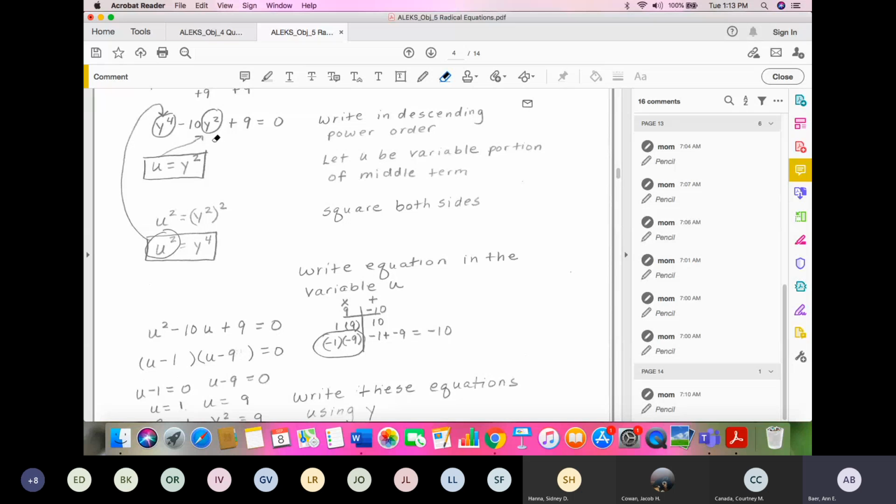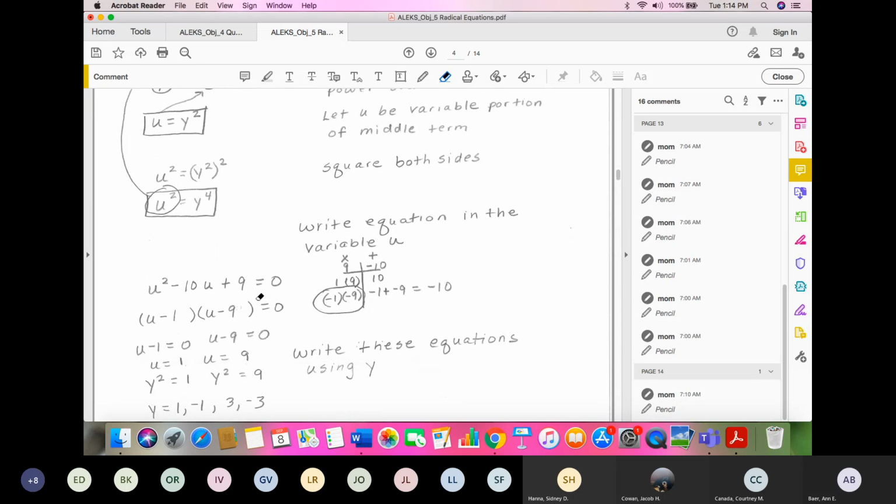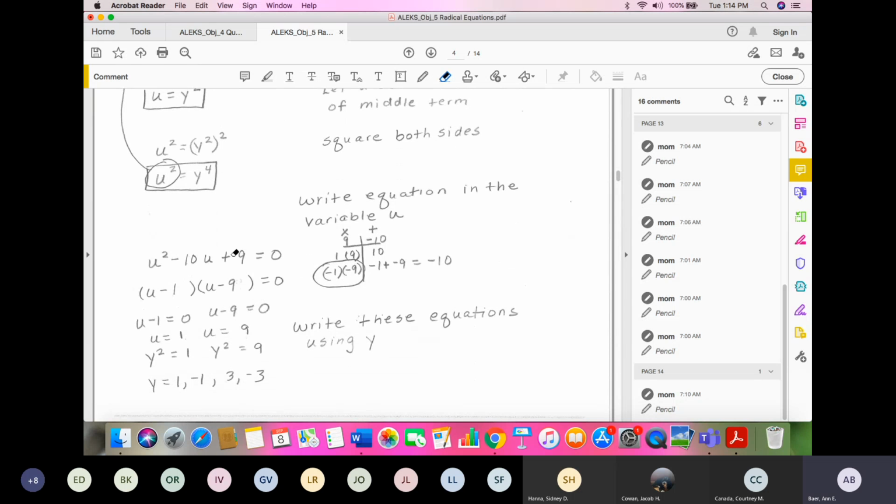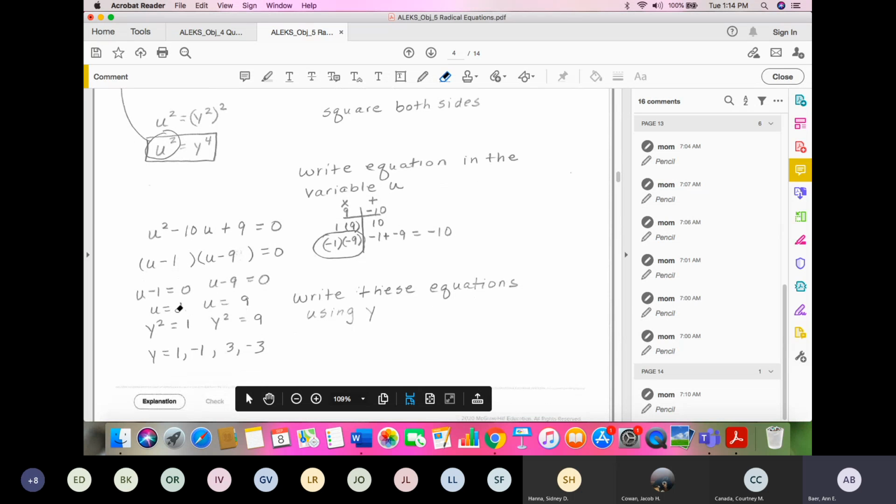And then this minus 10, copied it down. Now what's Y squared? Now remember, we're converting everything to U's. Y squared is equal to just U. Plus 9 equals 0 just gets copied over. So that's how you go with this. And then you work it with the U's, get it down here, and then you're like, okay, I'm stuck. What do we do?